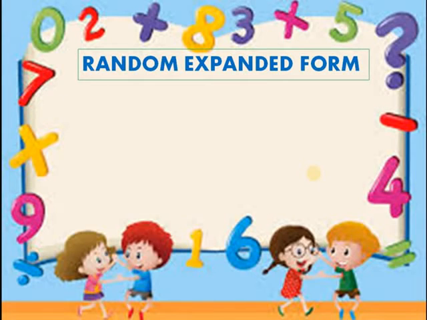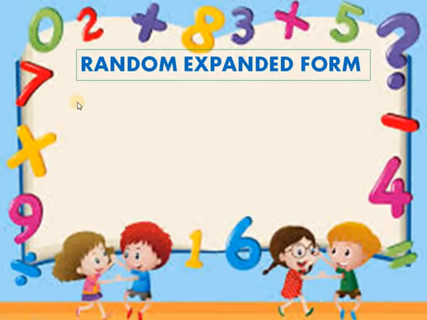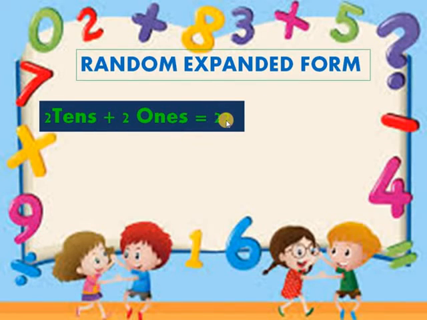Next is 20. Now here you need to be very careful. The logic is the same, but you have to be very careful to write the number, otherwise you can go wrong. In ones place you have 0, so you are going to write 0 ones. In tens place you have 2, so you are going to write 2 tens.